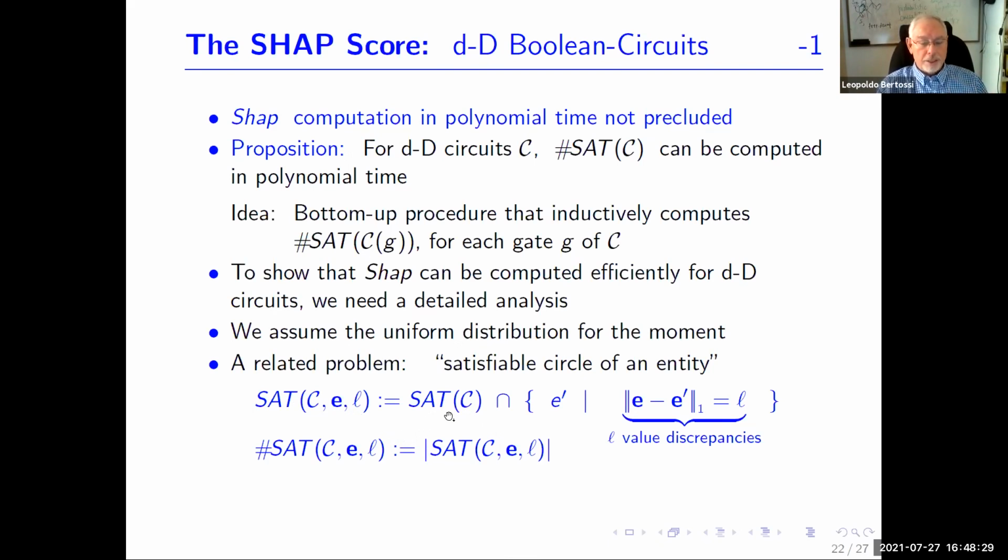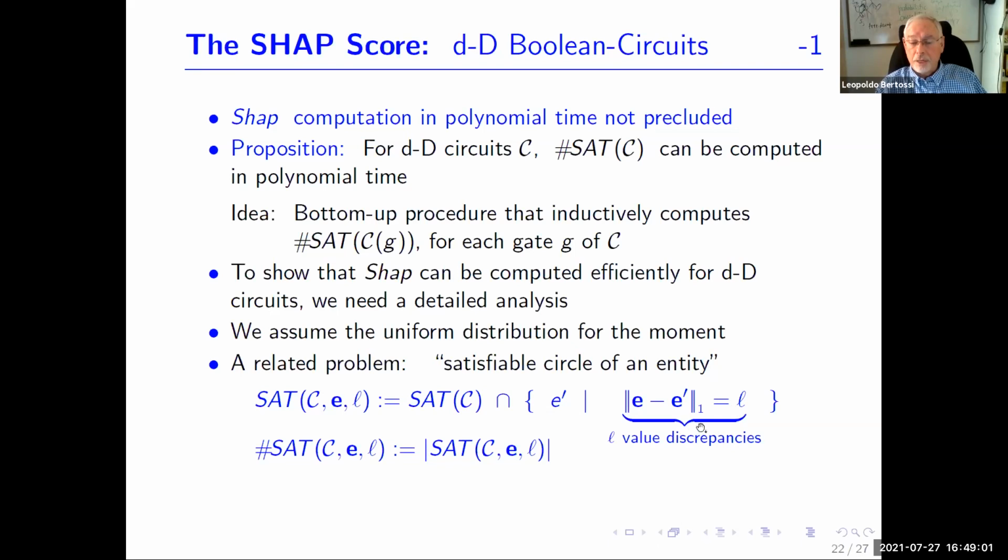But we are also interested in those that do not go too far away from the original entity E. So this is captured by this. Here we have the set of all the alternative entities such that, in L1 norm, they differ from the given entity by L. That means E and E prime differ exactly in L feature values.